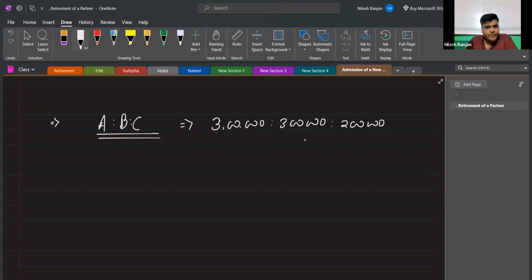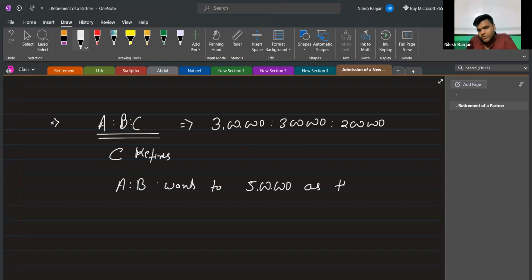Now C retires, and A and B want to keep 5 lakh as their capital.